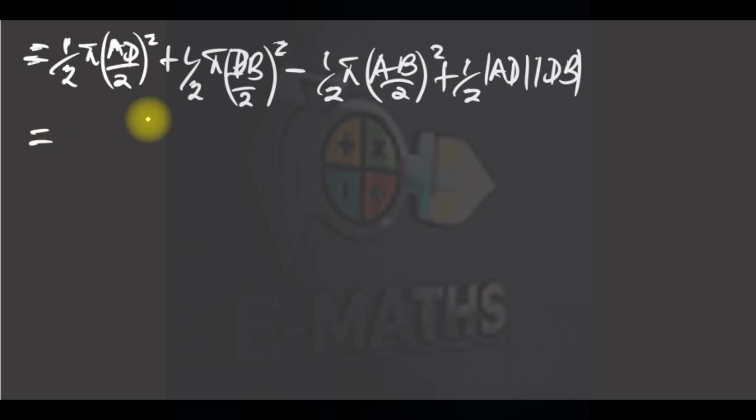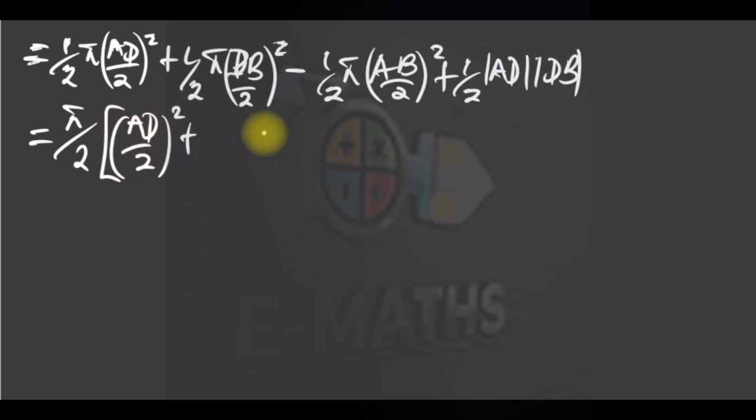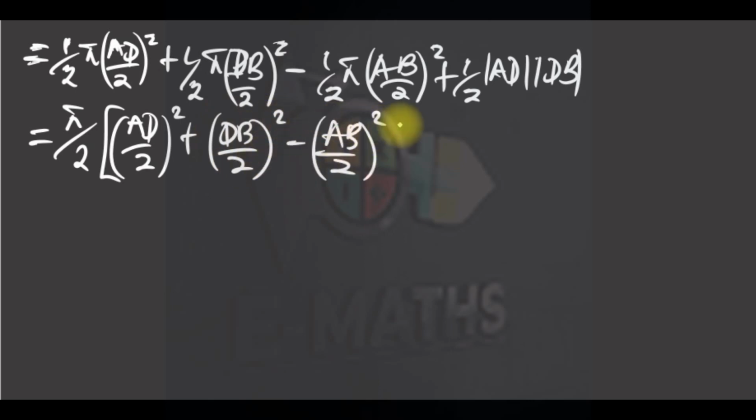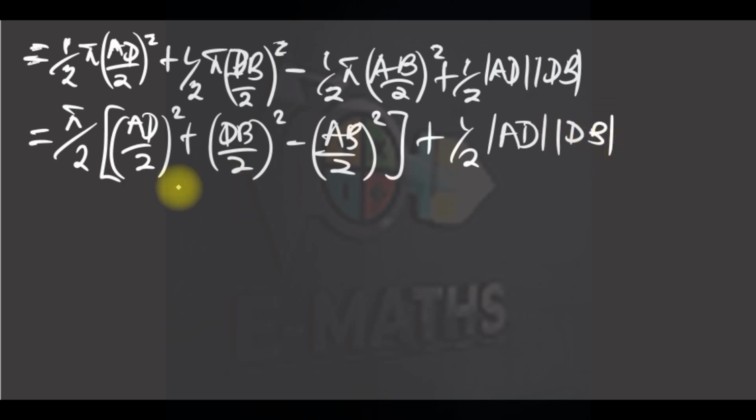So we can factor, let's focus on these three. If we factor pi over 2, we are left with AD over 2 squared plus DB over 2 squared minus AB over 2 squared, plus half AD times DB. So this is pi over 2.